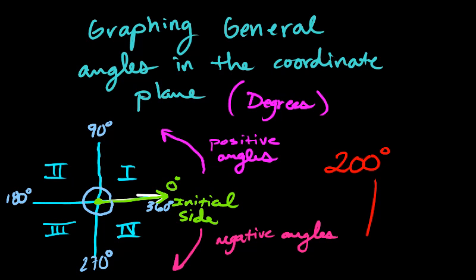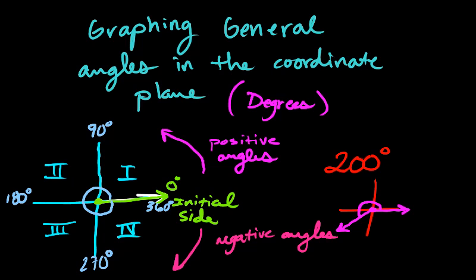I would draw my coordinate plane, make my initial side at the positive x-axis, and then think about where 200 degrees is in the coordinate plane according to my quadrants. It's more than 180, so it's going to go past the second quadrant, and it might be right about there. And so I draw in the terminal side, and that's how you would graph 200 degrees.